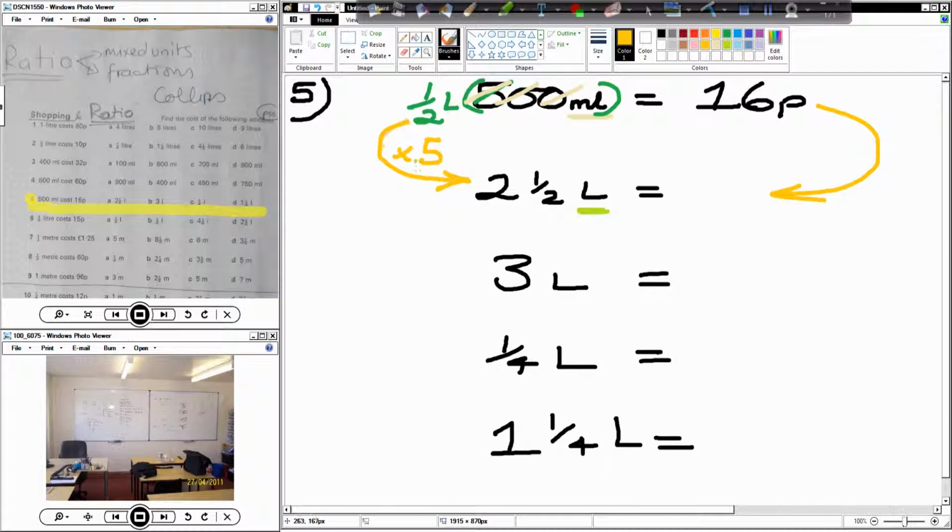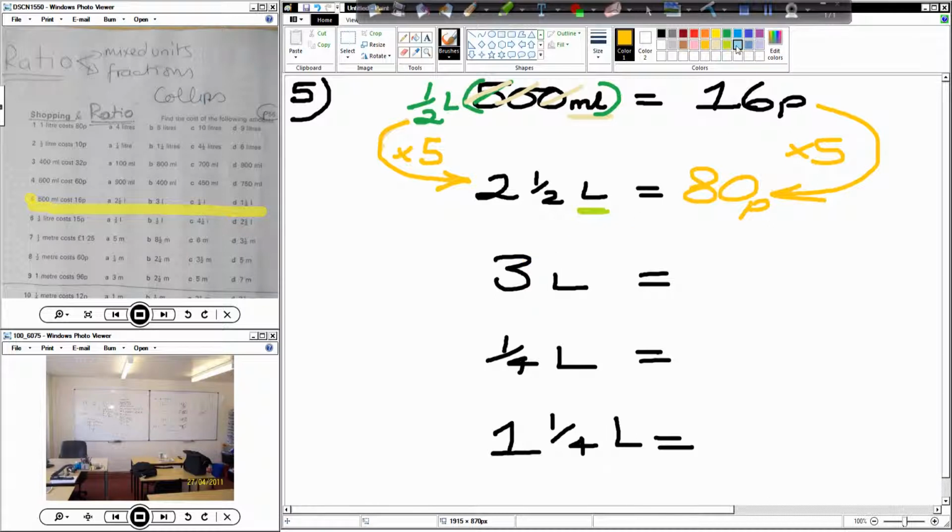There are 5 halves in 2.5. So we times this by 5, we times this one by 5. So 16 times by 5. 10 times by 5 is 50. 6 times by 5 is 30. 50 add 30 is 80.